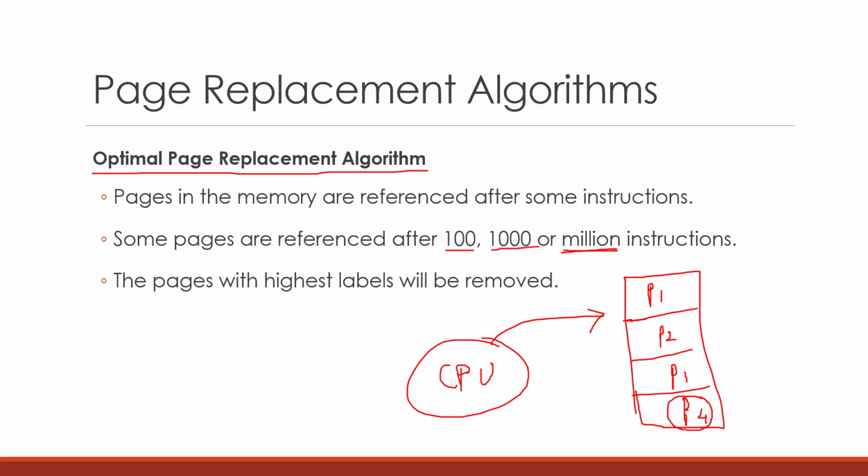So it's not required every time, but even 1 million instructions, because CPU is very, very fast, still won't take forever for the page to be required, right? So the optimal page replacement algorithm normally puts labels with the pages.